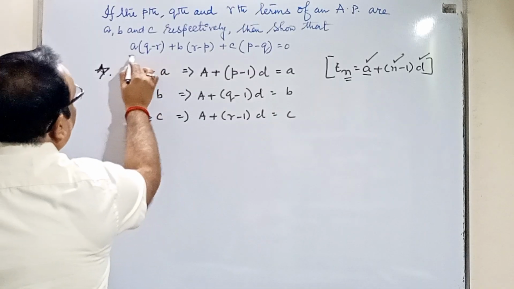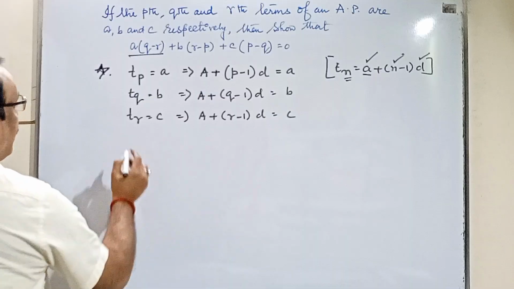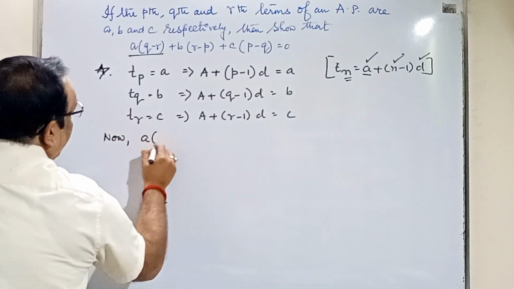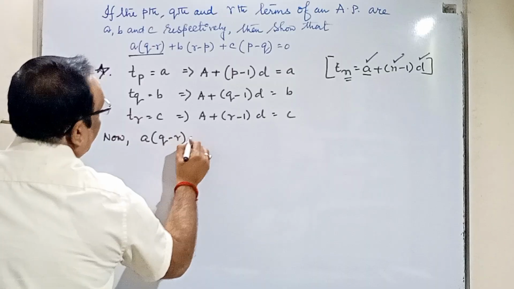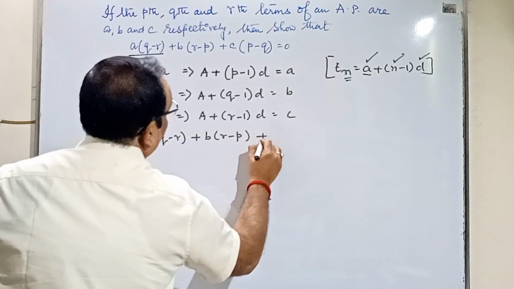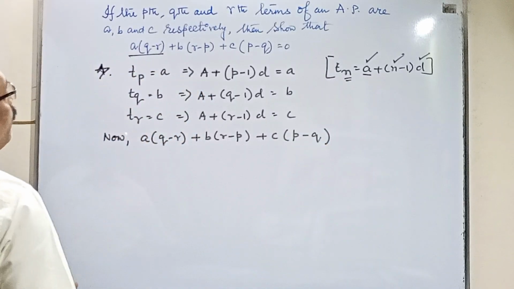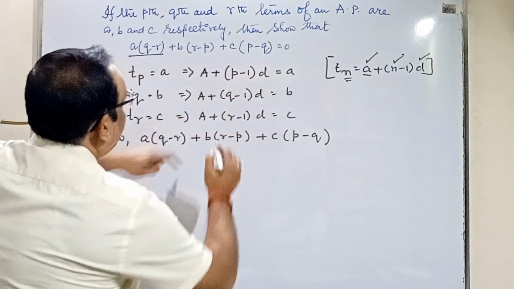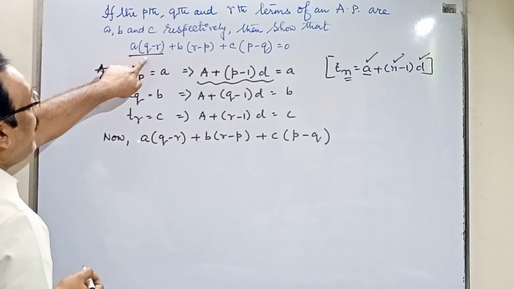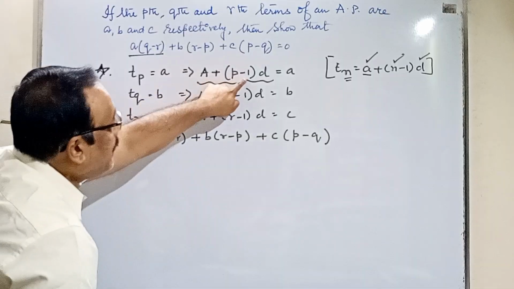Now we have to prove A into (Q minus R) plus B into (R minus P) plus C into (P minus Q). With A, this entire expression is A. If I multiply (Q minus R), this (Q minus R) will get multiplied with this as well as with this.